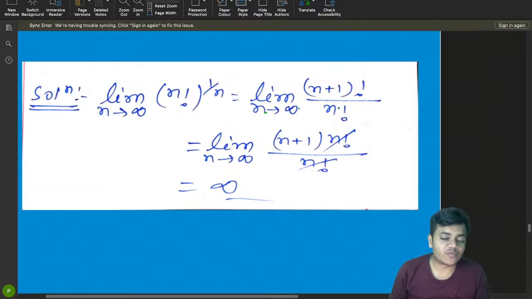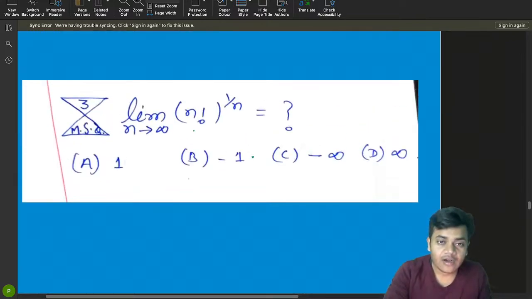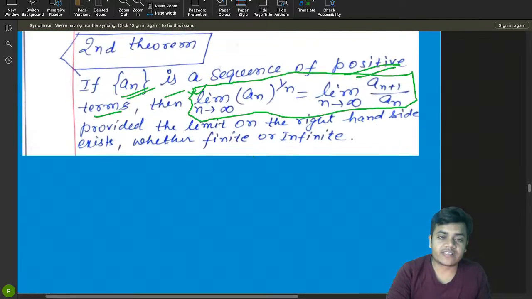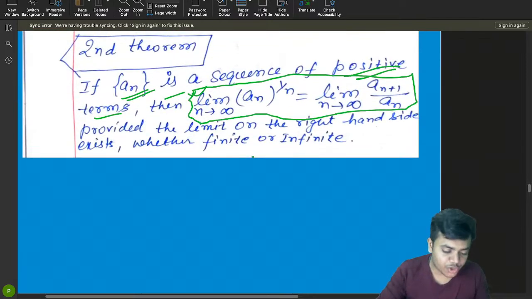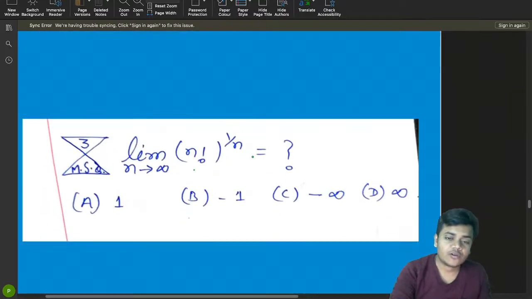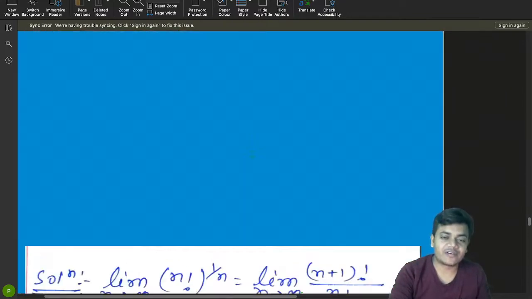This (n+1) factorial will be equal to (n+1) into n factorial. These two will be cancelled, but n tends to infinity will take you to infinity, and that's why infinity is the right answer for this. So here you can see how this second Cauchy theorem helps you to find this limit for sure.